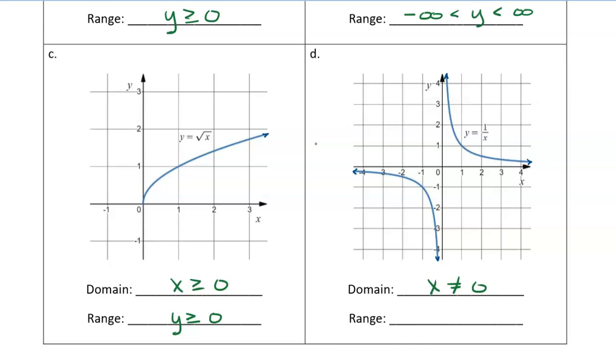Now you can see what's happening at 0. As I divide by smaller and smaller positive numbers, it's growing bigger and bigger, because if you divide something by 1/2, that just means you're creating groups of 1/2. So I'll have 2 groups of 1/2 if I divide 1 into groups of 1/2.